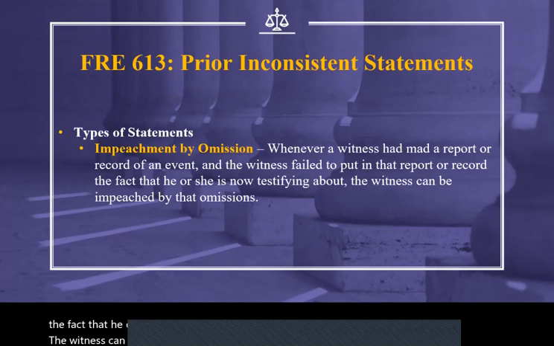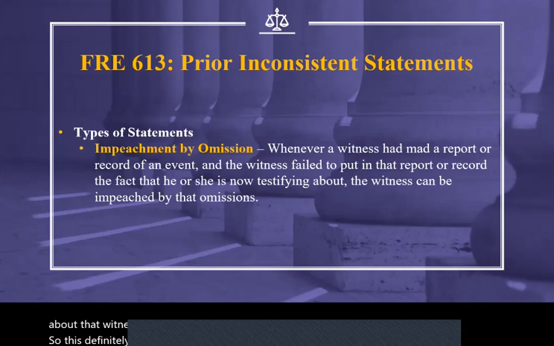Right, so I'll say it again. Whenever a witness has made a report or record of an event, and that witness failed to put in that report or record the fact that he or she is now testifying about, that witness can be impeached by that omission. So this definitely comes into play when we're talking police reports, right?